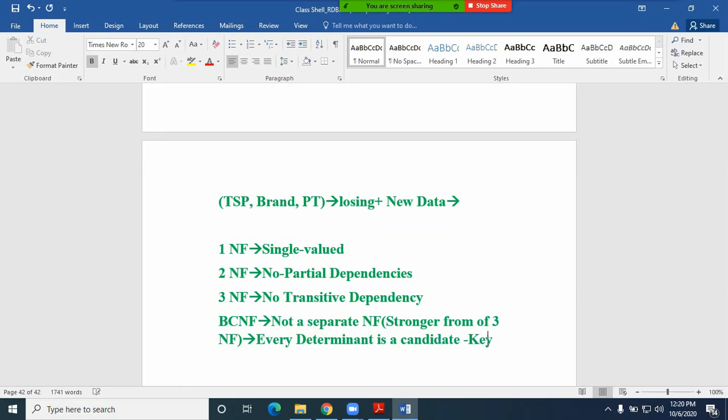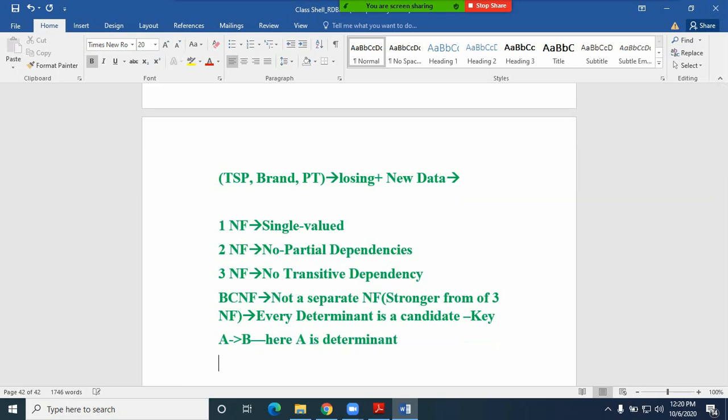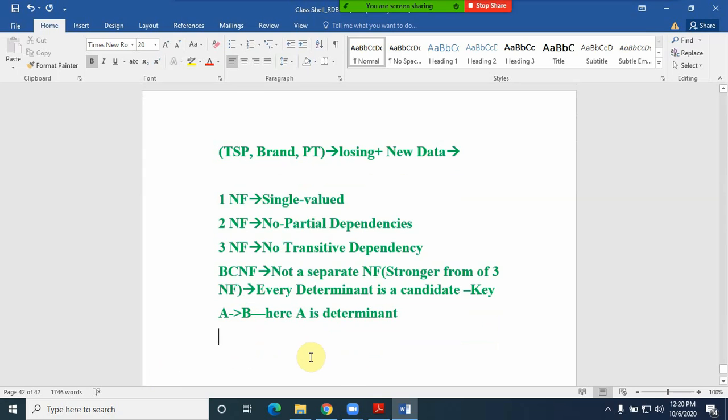What do you mean by determinant, friends? Suppose you are considering A functionally determines B, here A is the determinant. Whatever value we have on the left side, you can say that is the determinant.